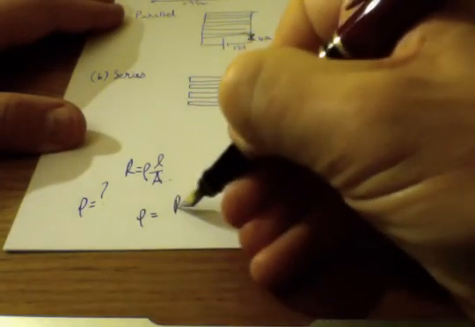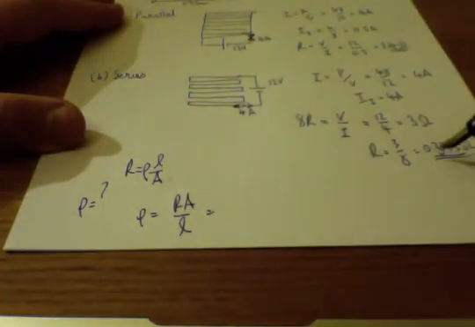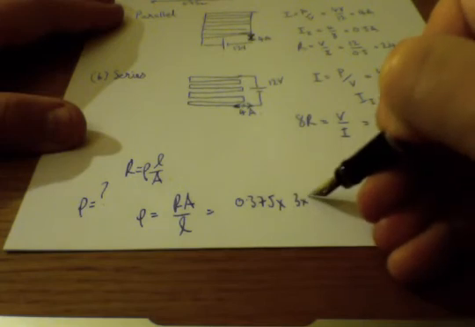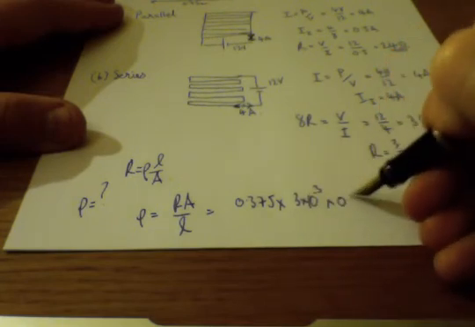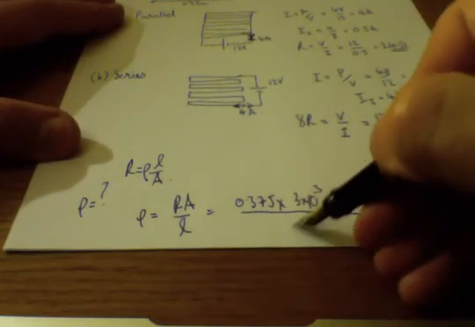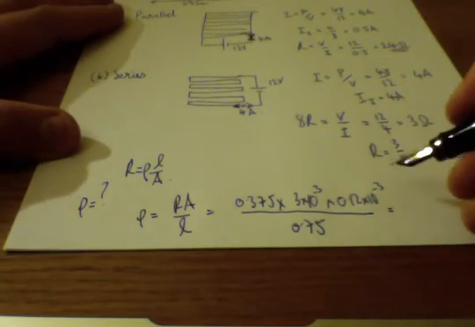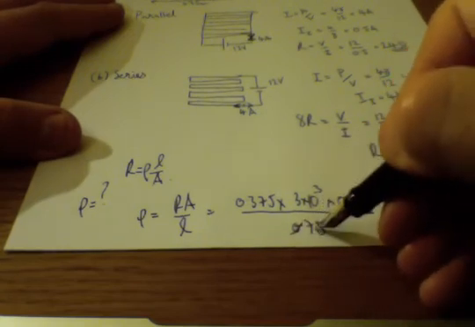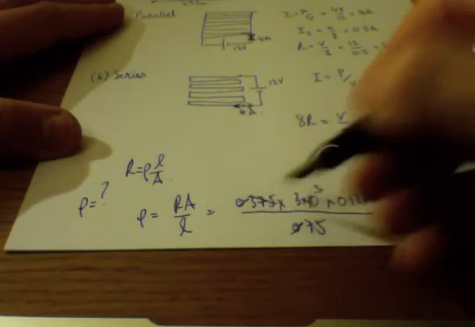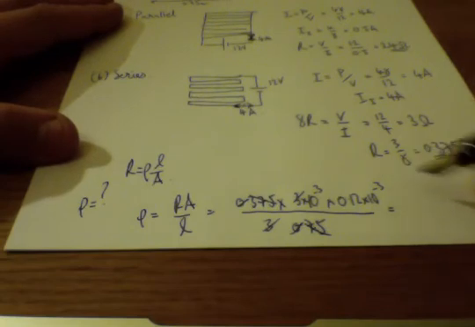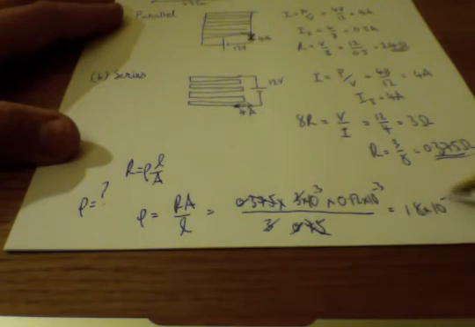So resistivity is going to be RA over L. Series 0.375 times the area, which is now 3 millimeters by 0.12, width in millimeters, divided by the length, which is 0.75, and that gives us, if I'm not mistaken, 7.5 over 3.5, which is approximately about a third, which cancels with that, giving us about 10 to the minus 6, including that 10 to the minus 7, to about 1.2, 1.8 times 10 to the minus 7 ohm meters.